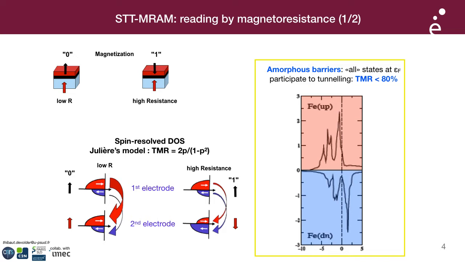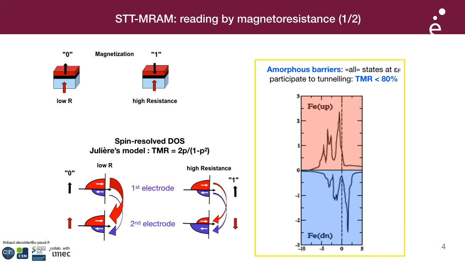If in contrast you reverse the magnetization of one of these two layers, then the spin-ups that were the majority electrons in the top electrode are now the minority electrons in the bottom electrode. So this results in two spin-polarized currents that are different compared to the case of the parallel state.